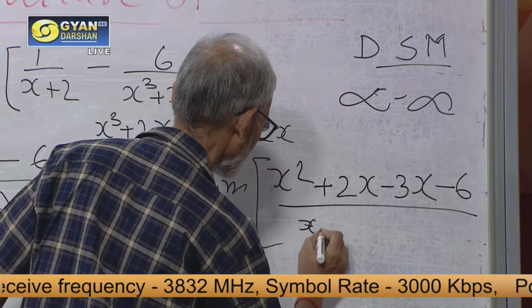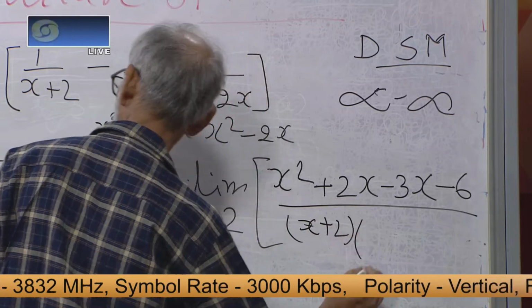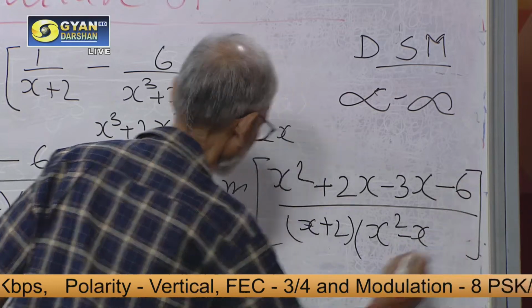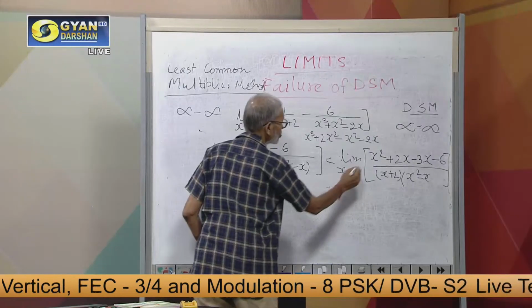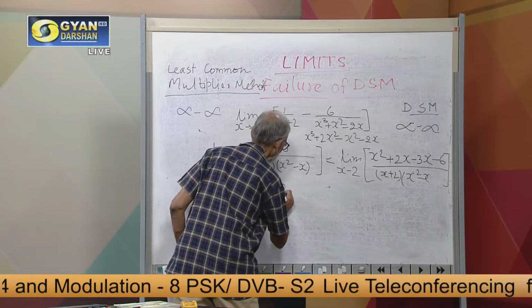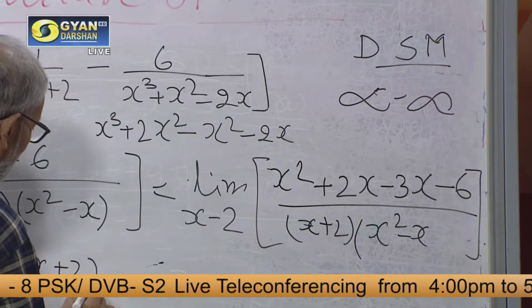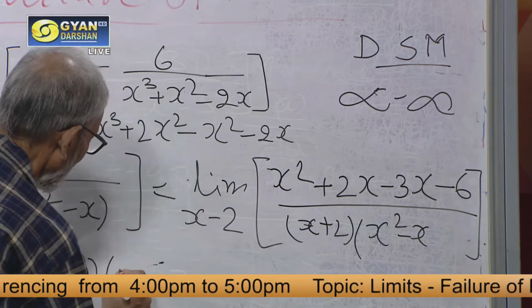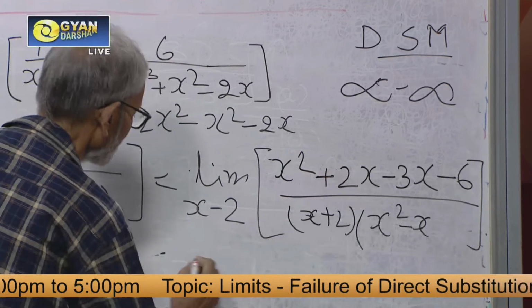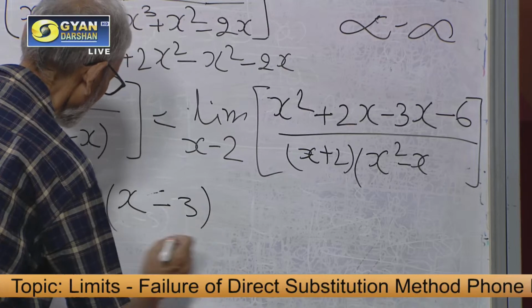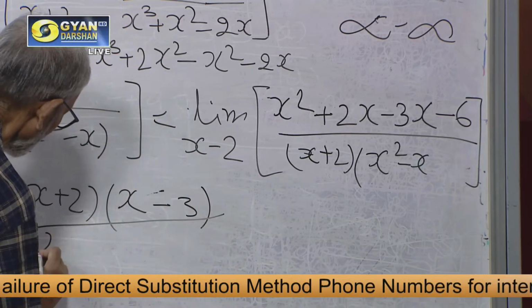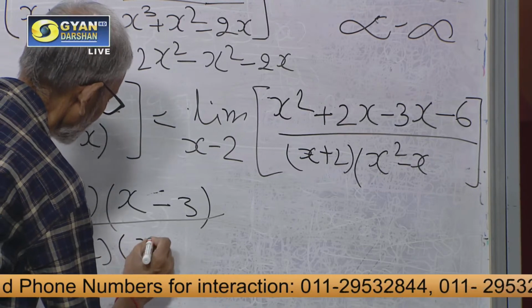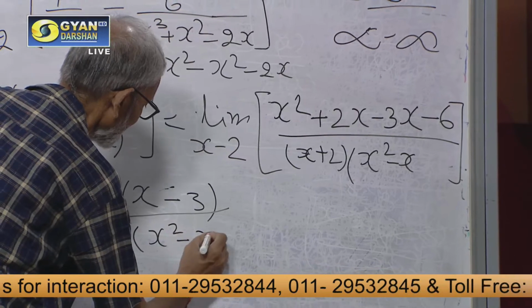Here x plus 2 into x square minus x. So if I take common x plus 2, here it will become x minus 3, and here x plus 2 into x square minus x.